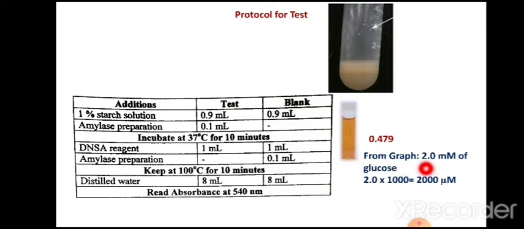Then we can convert this millimoles into micromoles by multiplying it by 1000, because 1 millimole is equal to 1000 micromoles. So 2 into 1000, it will be 2000 micromoles of glucose.